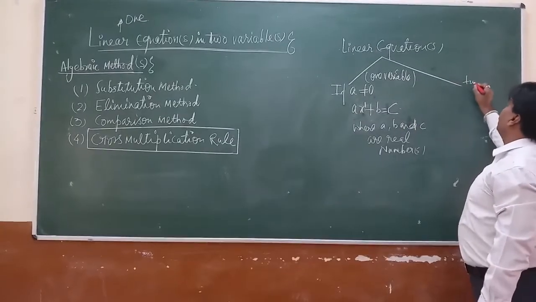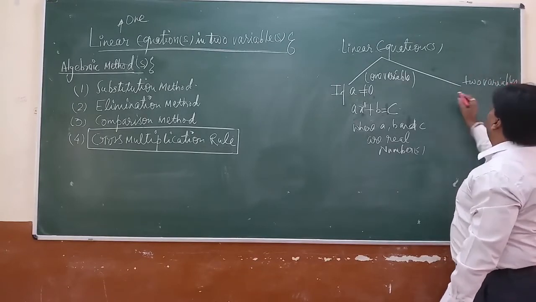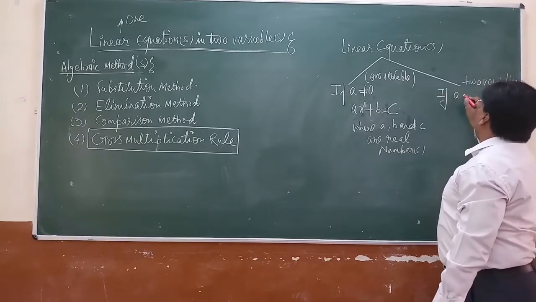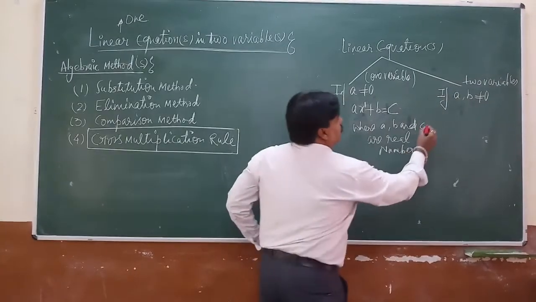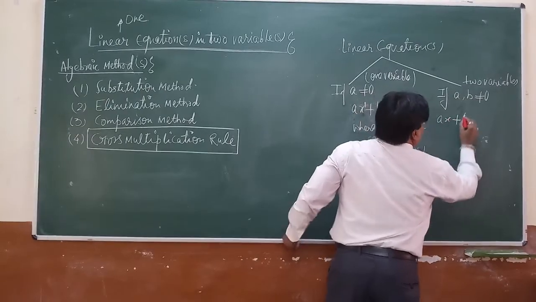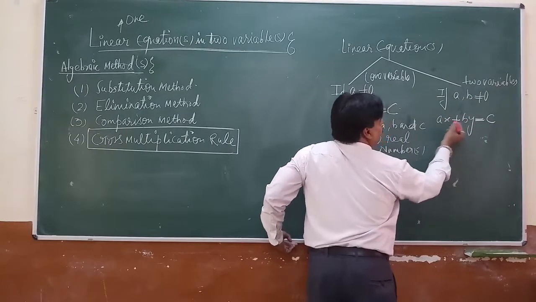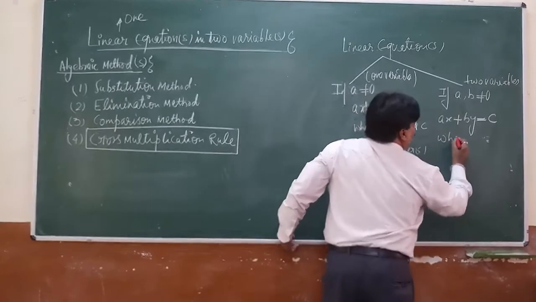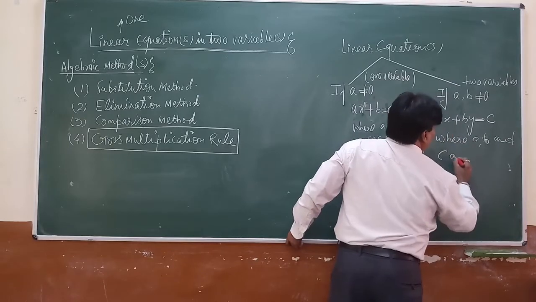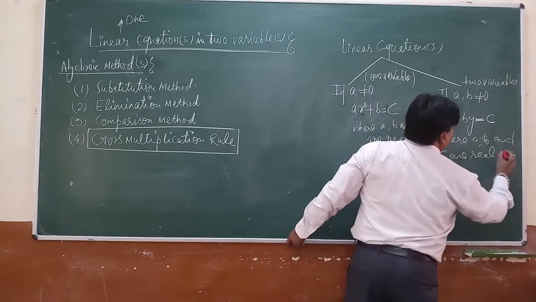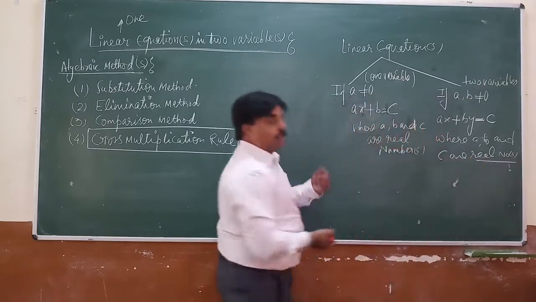Now for two variables, linear equation of two variables: if a and b are not equal to 0, then ax plus by is equal to c is a linear equation of two variables. x and y are the two variables where a, b and c are real numbers, or you can say constants.